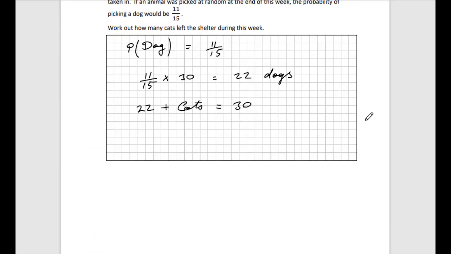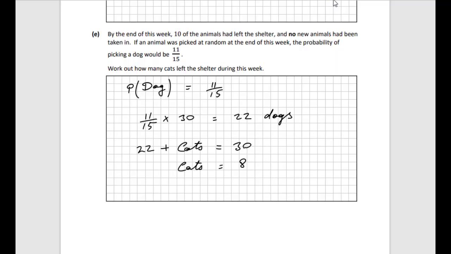So the number of cats in the shelter at the end of the week is 8. We initially had 14 cats, and we have 8 cats in the shelter, so it's 14 minus 8, which is equal to 6. So 6 cats left the shelter.